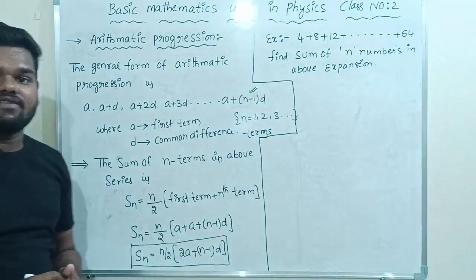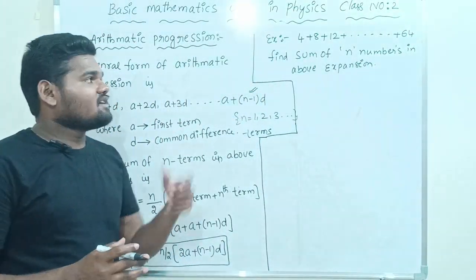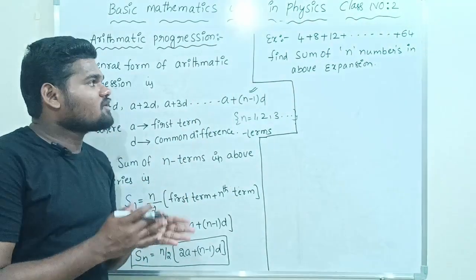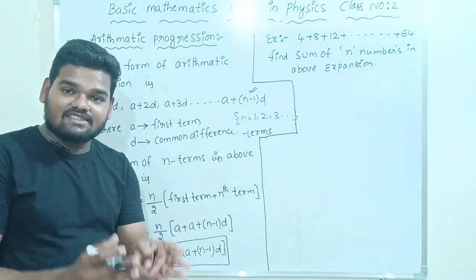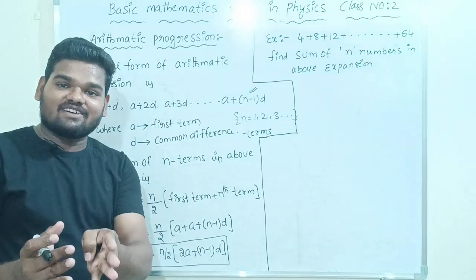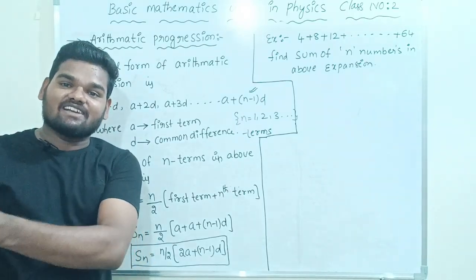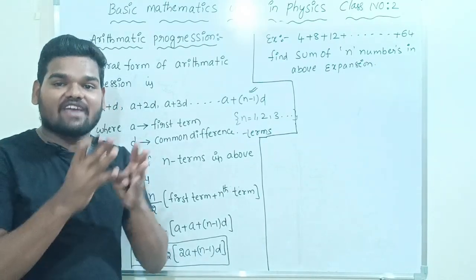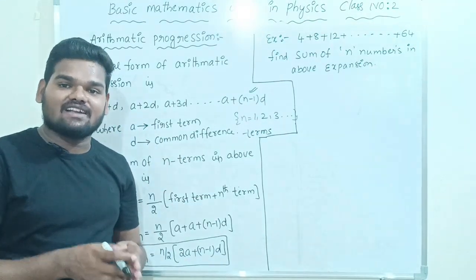In the above expansion we have to find what? The sum of the given numbers. So 4 plus 8 plus 12 plus 16 plus next what? 20 plus 24 plus 28 plus 32 plus and so on up to 64. We have to add and give the answer.